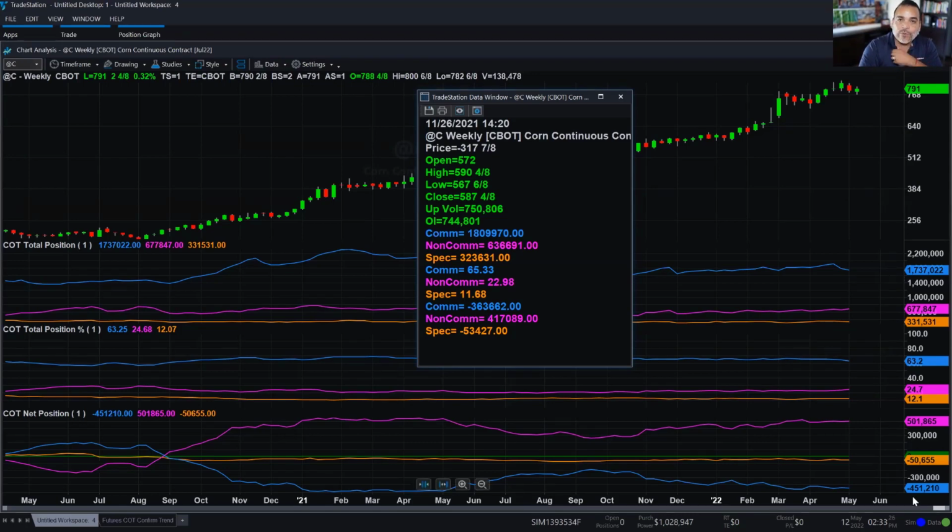They're net short 451,000 contracts, which is very good information to know, because you want to know what their commitment to the markets is. And that's an interesting name for this indicator, commitments of traders, because how committed are they to being long or being short?